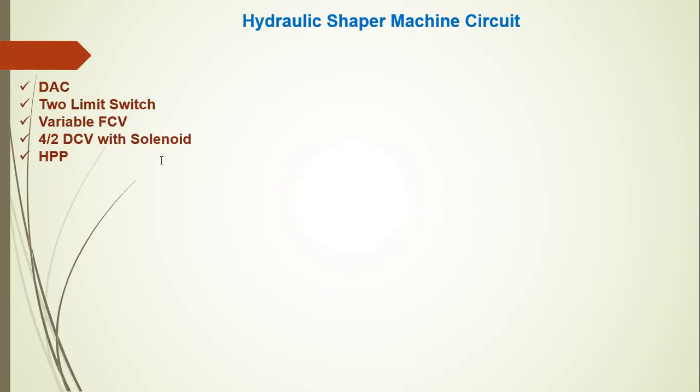First required is the HPP. As in all hydraulic drawings, we start from the bottom side of the circuit. So first we require one hydraulic tank. Here you draw one hydraulic tank.